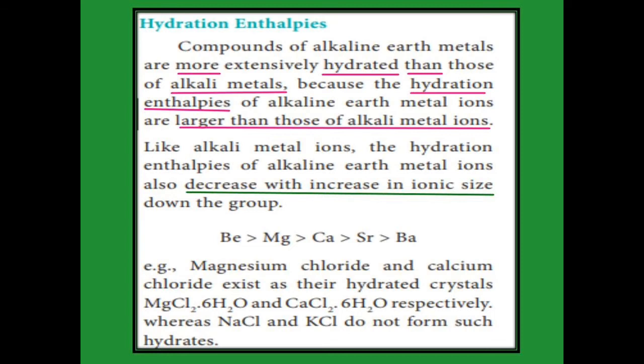Similarly, barium has less hydration enthalpy when compared to the other alkaline earth metals. During this hydration, magnesium chloride and calcium chloride each have 6 moles of water during crystallization. But sodium chloride and potassium chloride do not form such hydrates during crystallization.